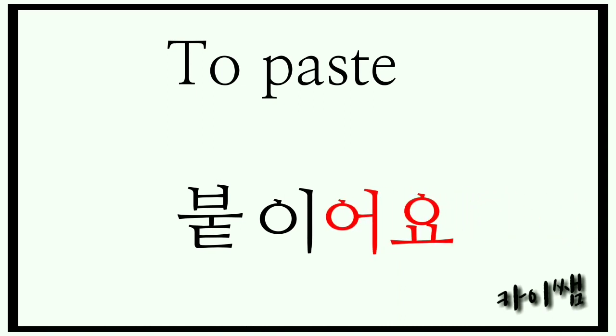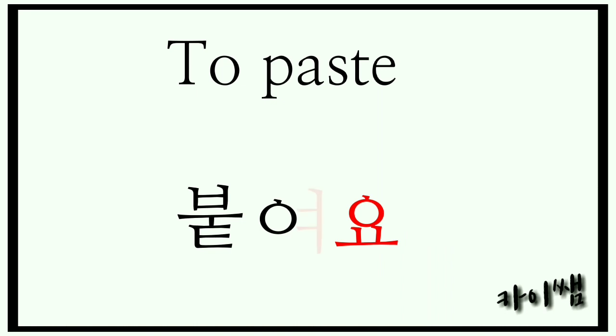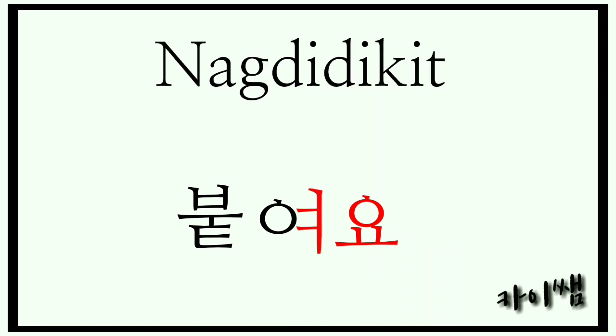So now, it will become butchi oyo. And in this case, nakakita ulit tayo ng dalawang vowel na magkasunod, which is the E and O. So we will combine them and they will become yo. So now, it will become butchoyo.